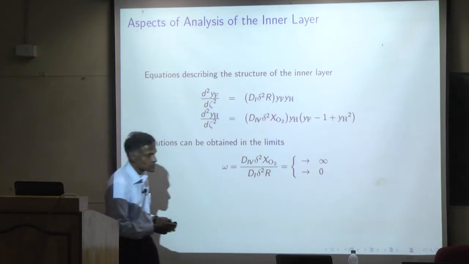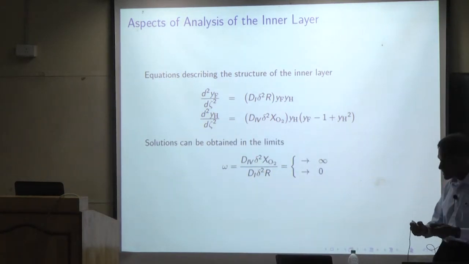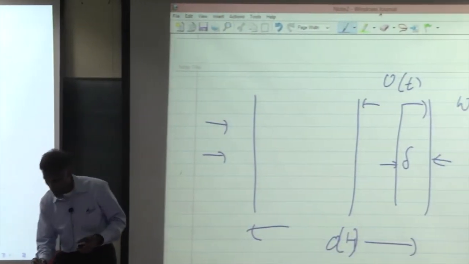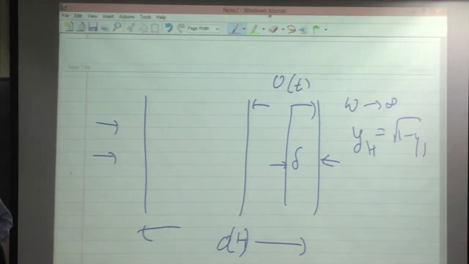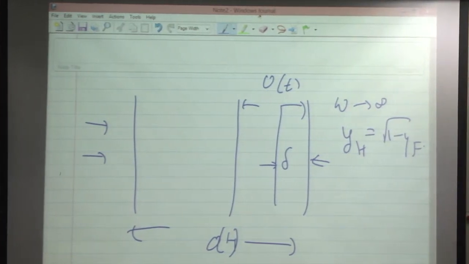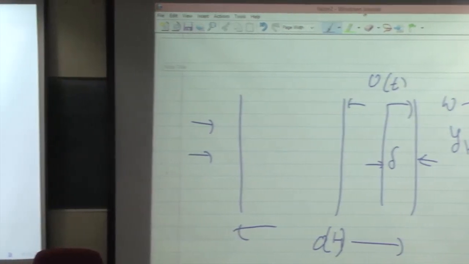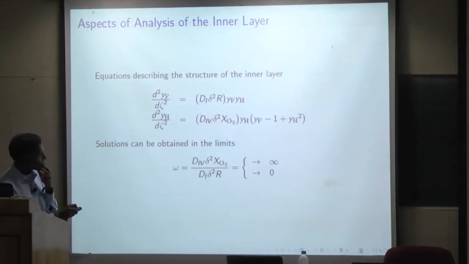If you do that, then in that limit, omega tending to infinity, one can say that Y_H equals square root of 1 minus Y_F. In that approximation, you take that and put it into that equation. Now you need to solve only one differential equation, and it's a straightforward integration.